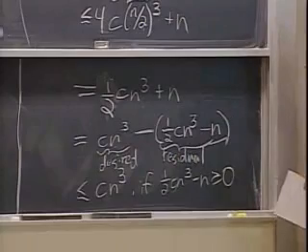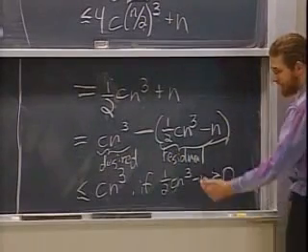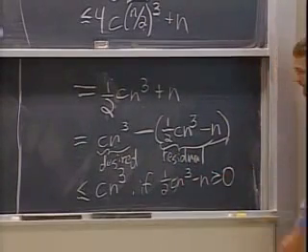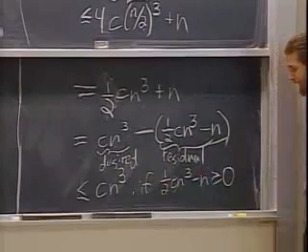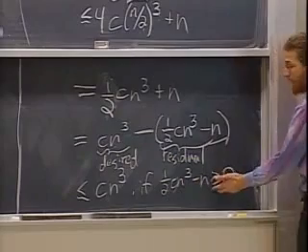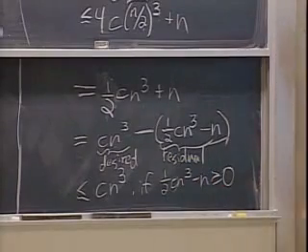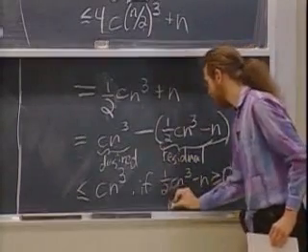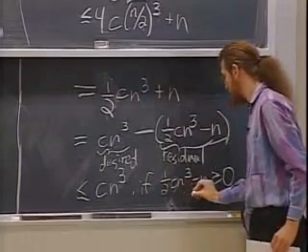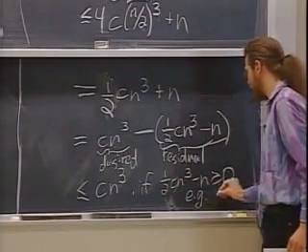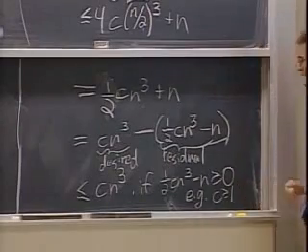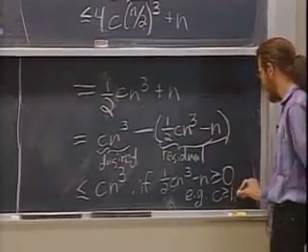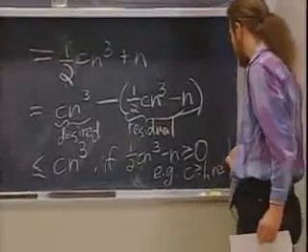I get to pick c to be whatever I want. As long as c is at least 2, then this is at least 1. And n cubed should be greater than or equal to n, and that's always the case. So this is true if c is at least 1. I don't think it matters what n is, but let's say n is at least 1, just for kicks.